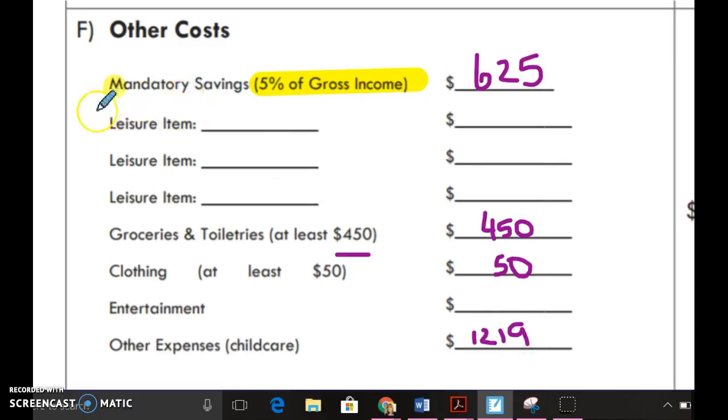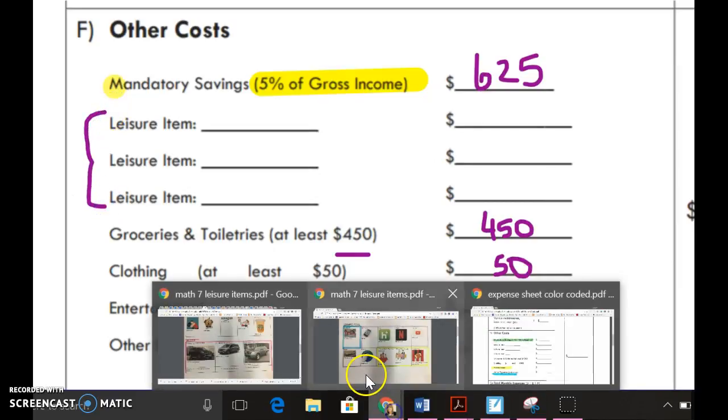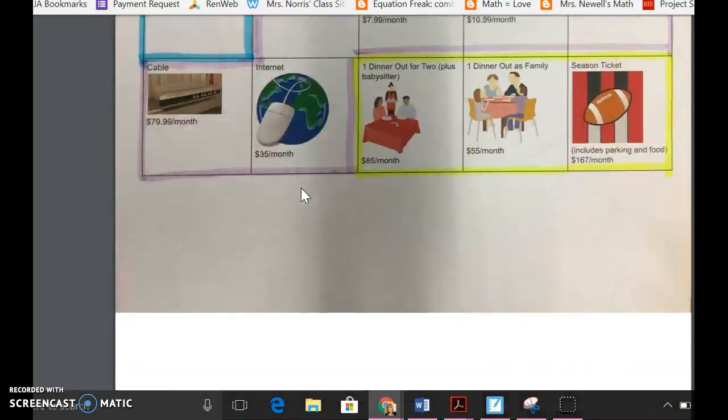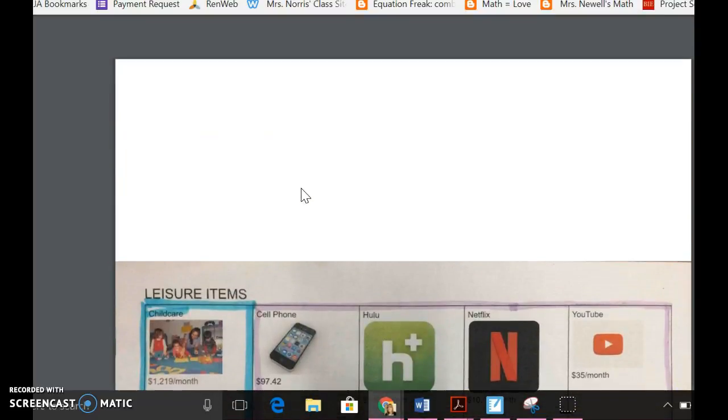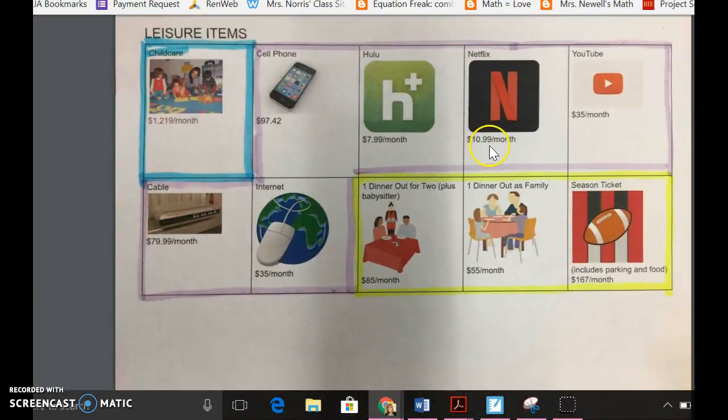You are required to pick 3 leisure options. So again, you go back to the sheet. I'm going to choose out of all these things, I'll choose Netflix, $10.99, and I'll choose internet, $35 a month, and I'll do a cell phone, $97.42.